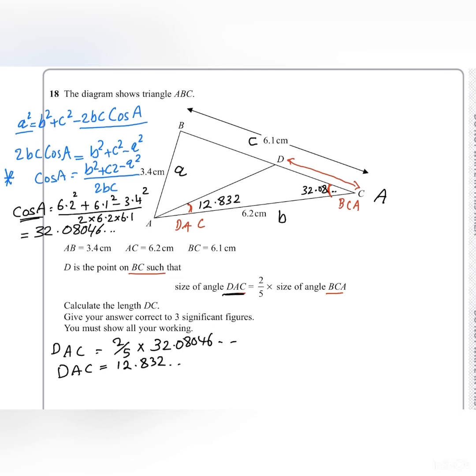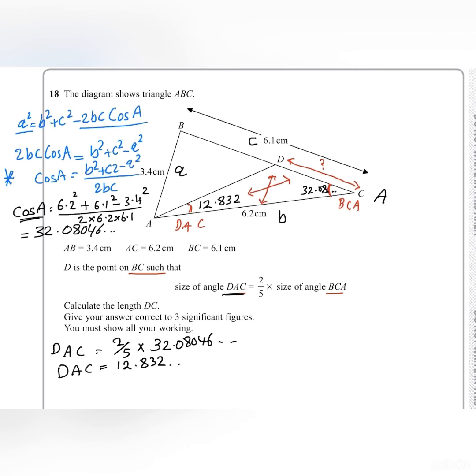And BAC was 32.08 and so on. Now, we should be able to work out the missing side D to C, this side here, because we're looking for the side opposite to this angle. And have we got the opposite side and angle?